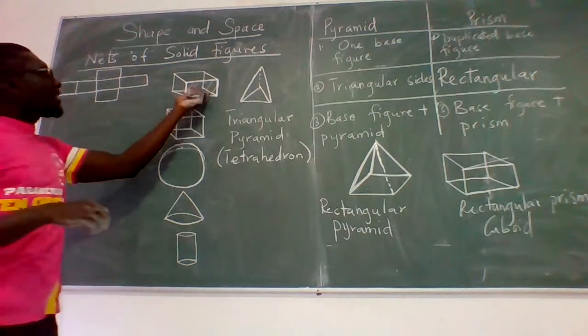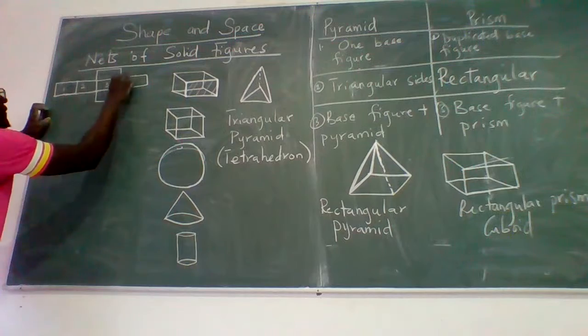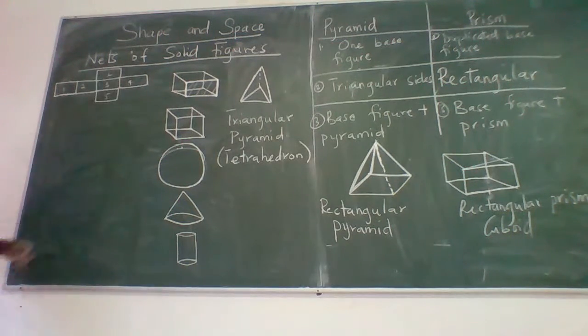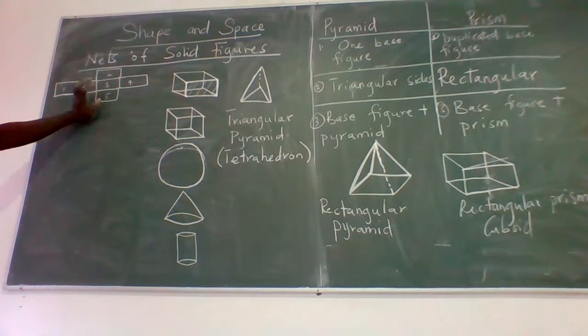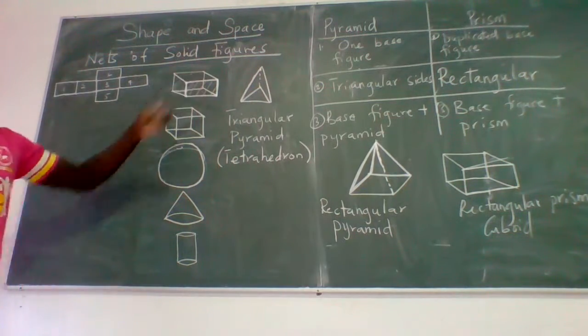So if I open up this thing, this is what I'm going to get. 1, 2, 3, 4, 5, 6 faces. 6 faces. So this is the net of a cuboid.